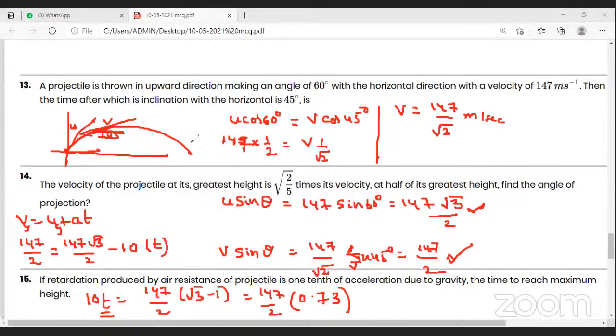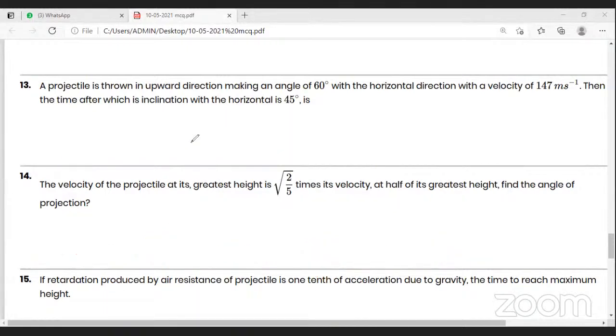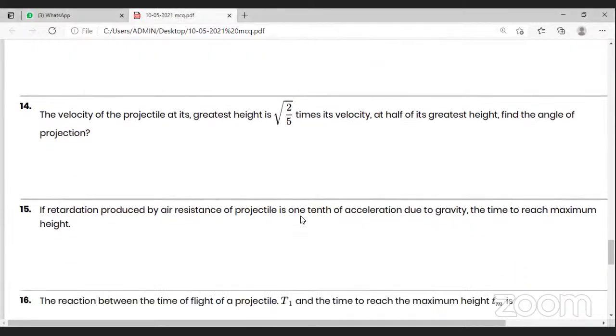Next. Question number 14. The velocity of the particle at its greatest height is root over 2/5 times its velocity at half of its greatest height. Find the angle of projection. Okay. Greatest height means maximum height.